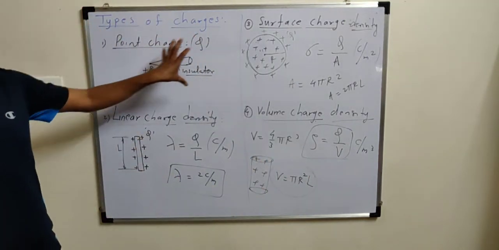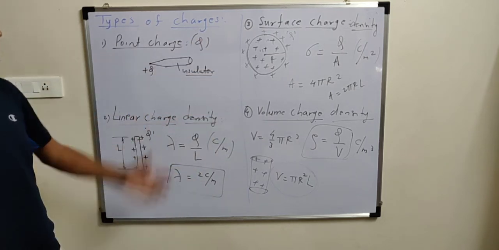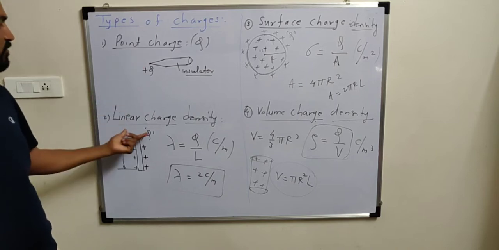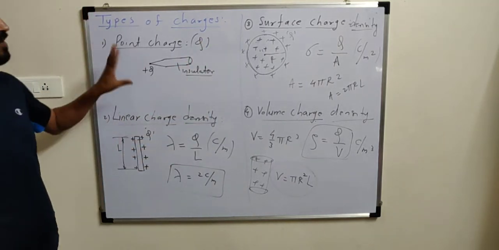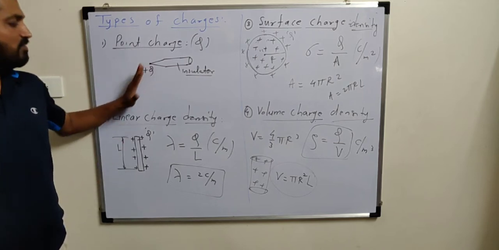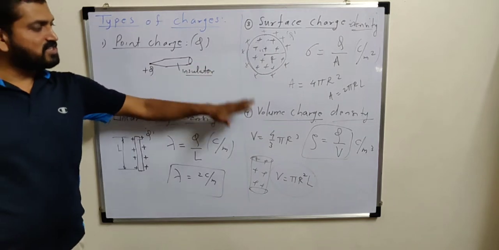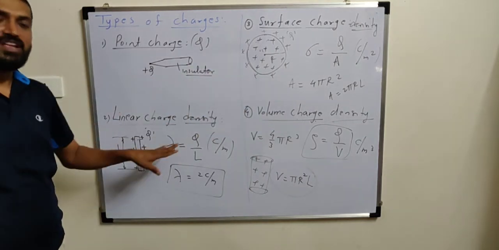So this is in brief an idea about the distribution of charges or types of charges. The first one is the point charge, the second linear charge, then surface charge and volume charge. And we know that Coulomb's law is applicable, strictly speaking, only for point charges. For linear charge, surface charge and volume charge, Coulomb's law is not applicable to find electric intensity.